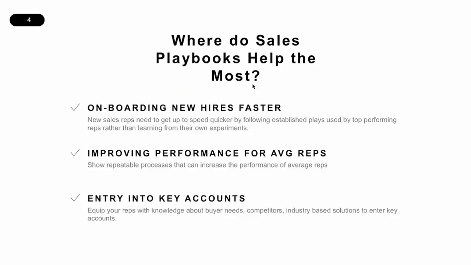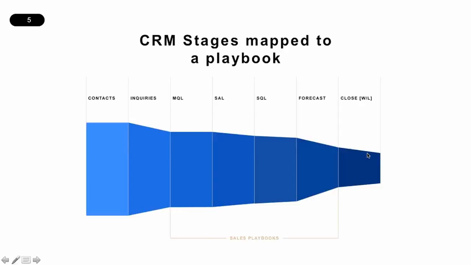You can also use sales playbooks to get an entry into key accounts. Give the knowledge of what exactly the buyers are looking for, what the competitors in the industry are offering, and what some of the industry-based solutions are that they can offer to enter into these key accounts. So some of these are areas where sales playbooks really help a lot.